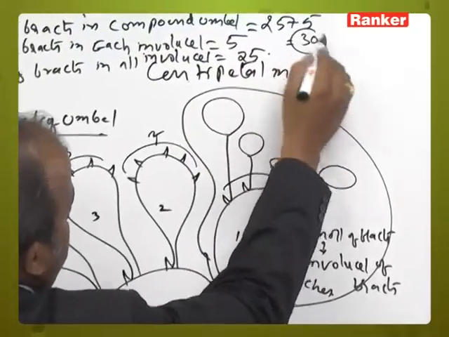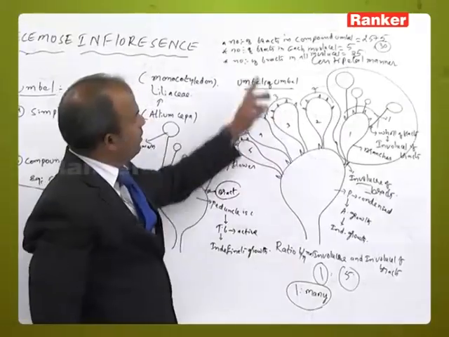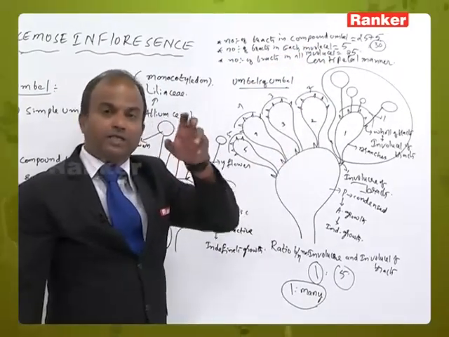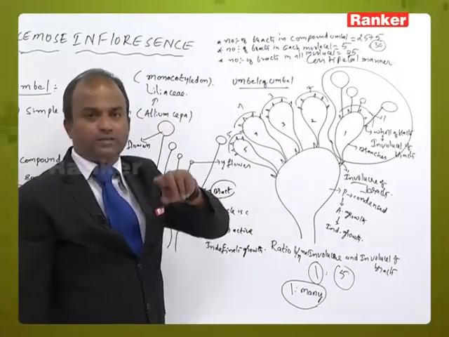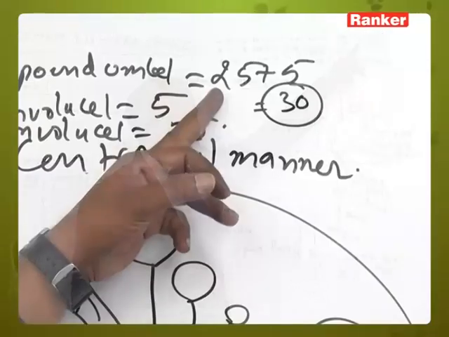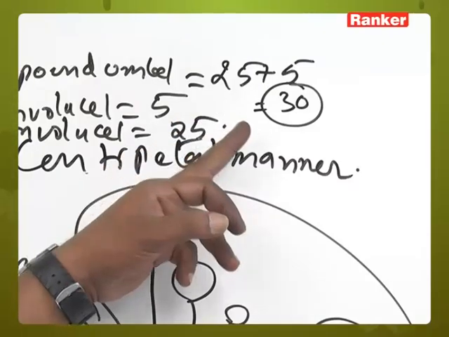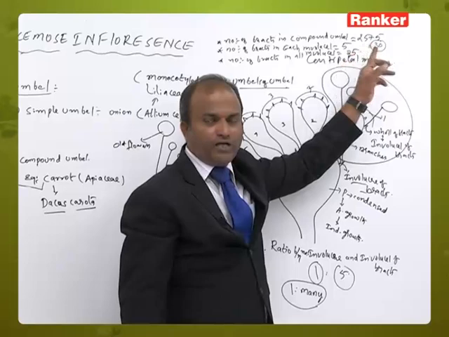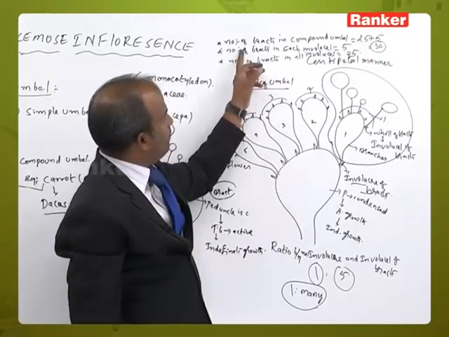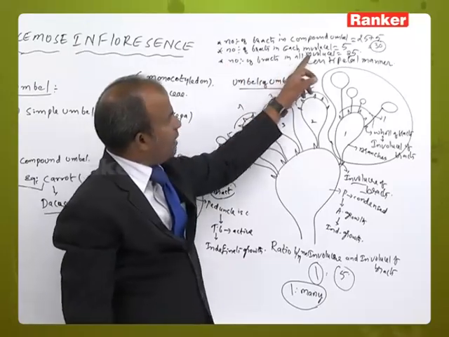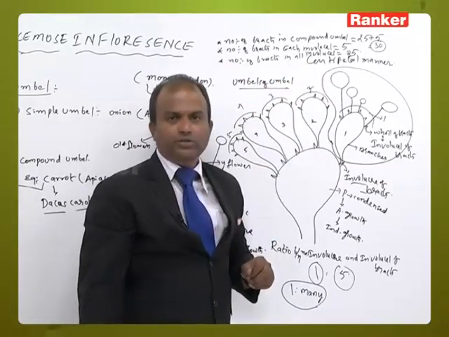Means 30 is the answer. Number of bracts in each involucre is 5, and number of bracts in all involucres is equal to 25.